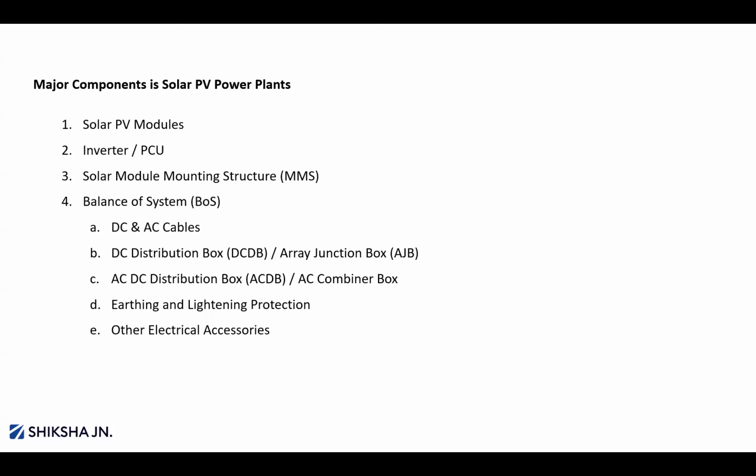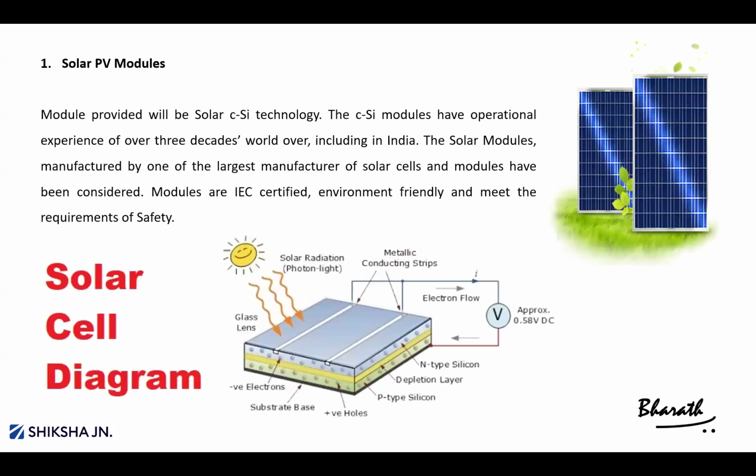The inverter or PCU cost is another 5 to 10%, depending on the brand, and the rest, about 30% balance, goes to module mounting structures, cables, distribution boxes and so on. Today we will discuss these one by one. First, solar PV modules.